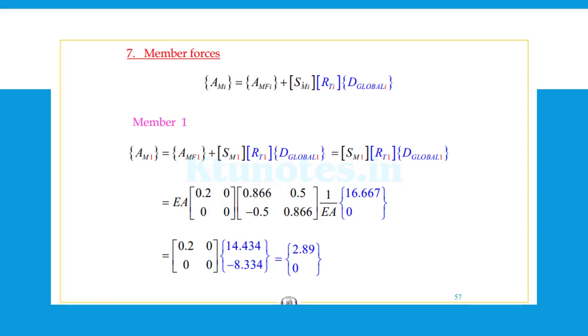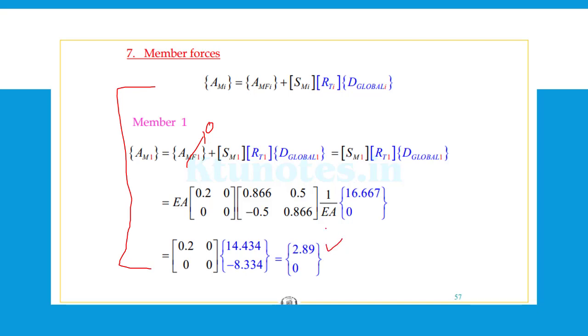And the member forces: every member will be having forces with the application of this force. So for member 1, individually we have to find for the different members. For member 1, we have AM1 is equal to AMF1 plus SM1 into RT into D global. We know the AMF will be 0, no fixed end moment. Substituting, 2.89 and 0.